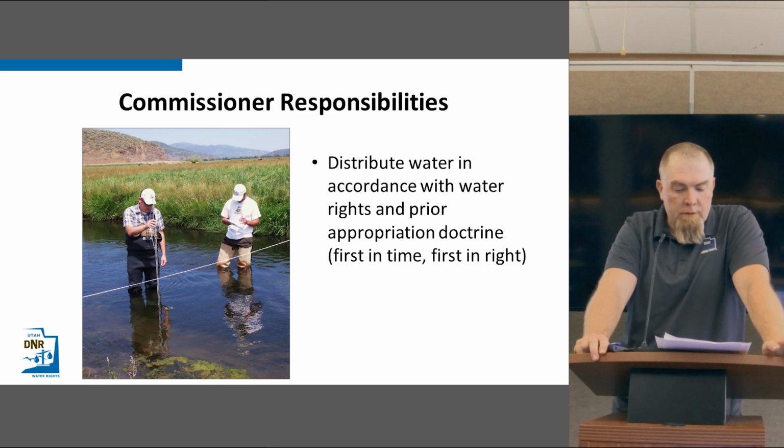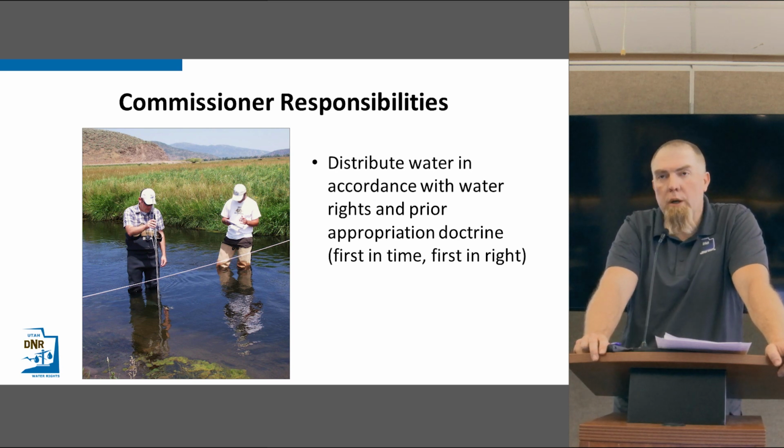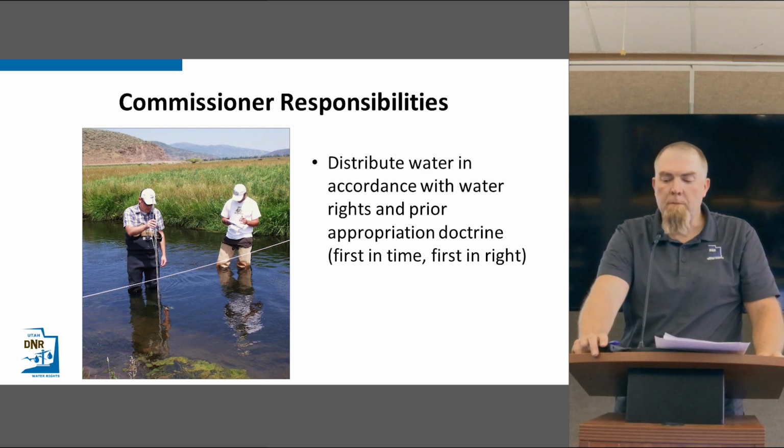A commissioner verifies users that have an earlier priority, known as a senior water right holder, and they receive their water before somebody else who has a later priority, sometimes referred to as a junior water right holder.